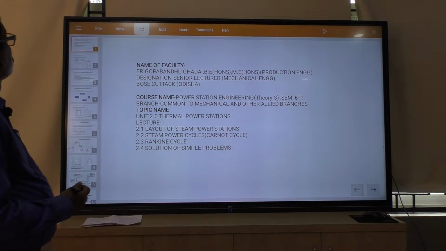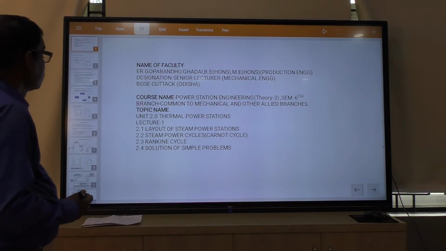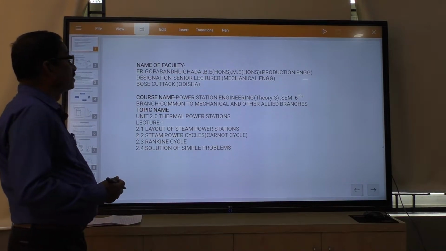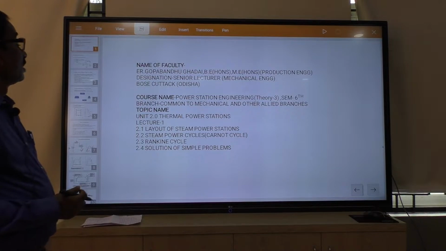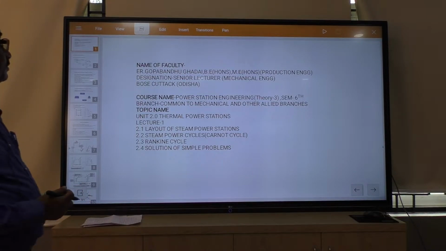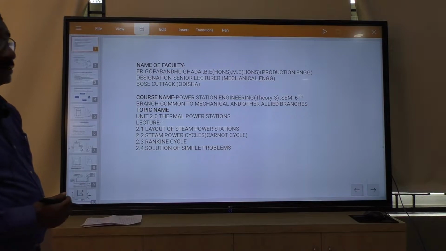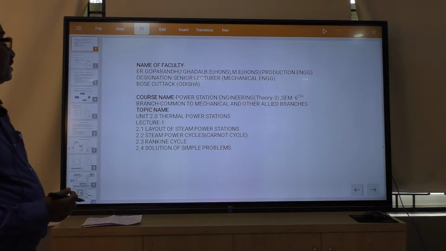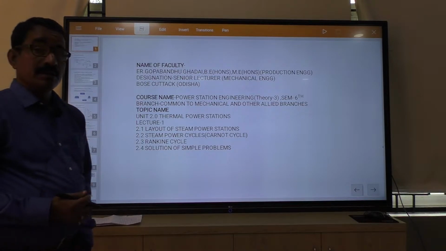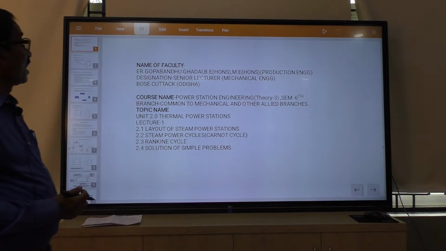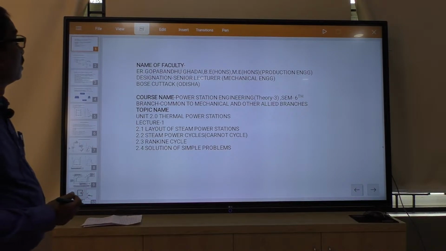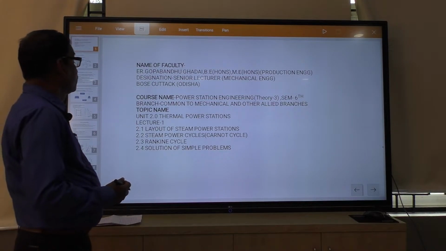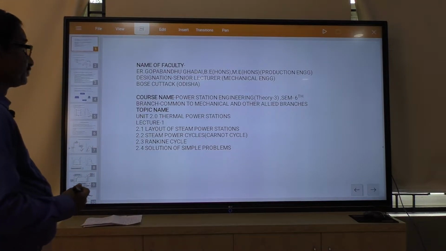Before going to details, you know how steam is produced in the boiler and the quality of the steam. This is already covered in your last semesters: dry steam, wet steam, saturated steam and superheated steam. So, those steams are the working fluid in the steam turbine or in the thermal power stations.